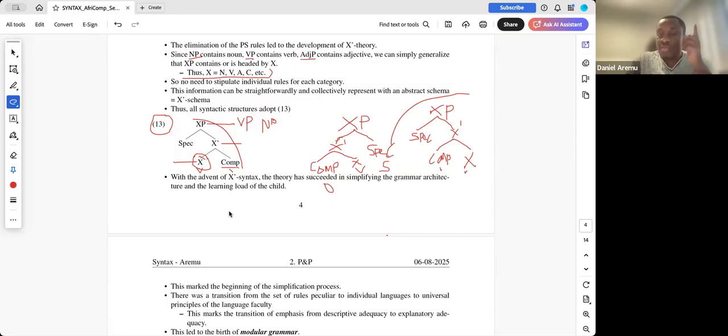So in the PS rule and the early generative grammar, it was more descriptive, not explanatory really. But in the P&P, which X bar is part of, we now have a way to actually explain some things, to explain why. It's like answering the question why. But it doesn't mean that we discard descriptive. Even till today, we still describe. Those three levels of adequacy are still intact.